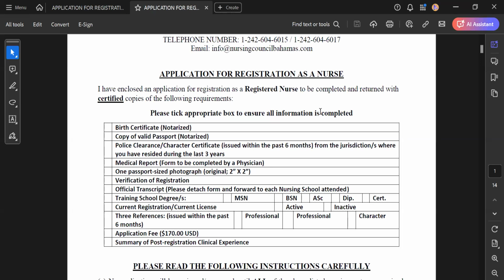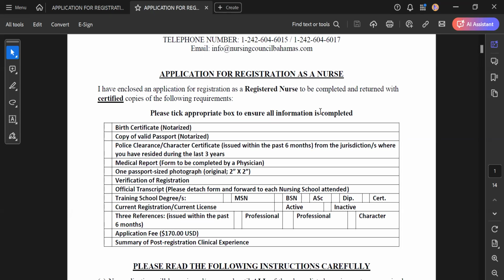The doctor should have his personal stamp for that. The medical form is part of the application form that you have. And you need one passport size photograph. The dimensions are there, 2 inches by 2 inches, and it should have a red background.